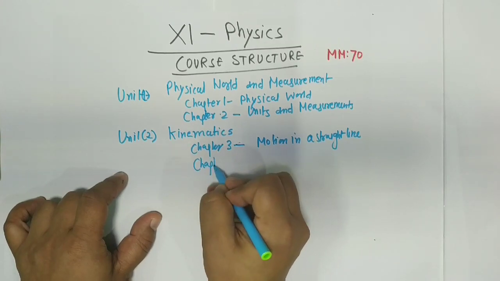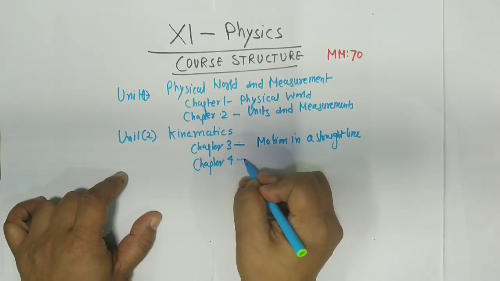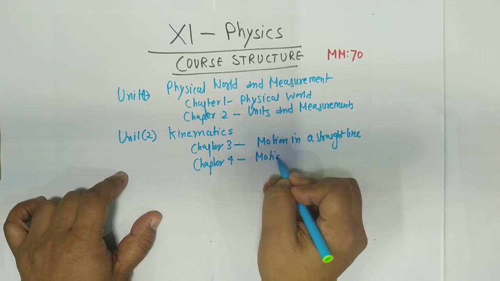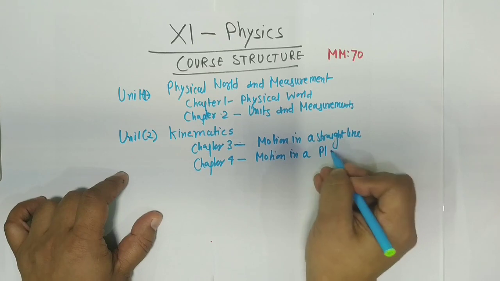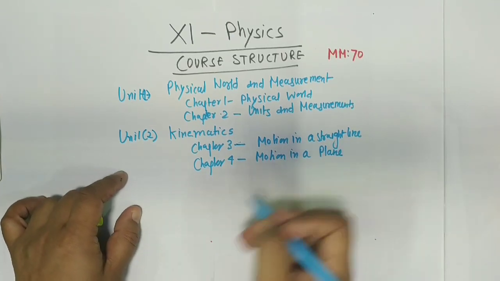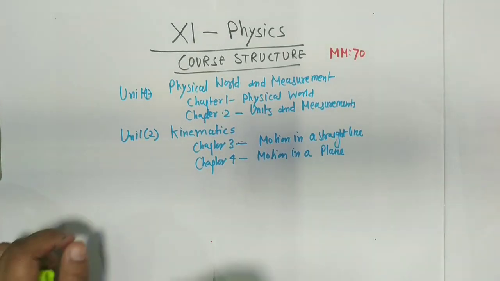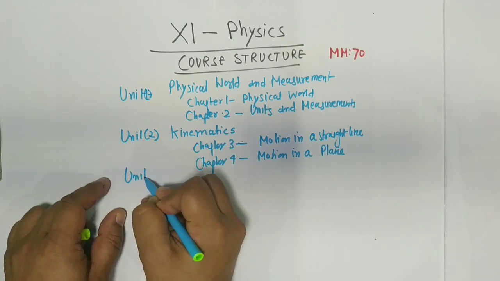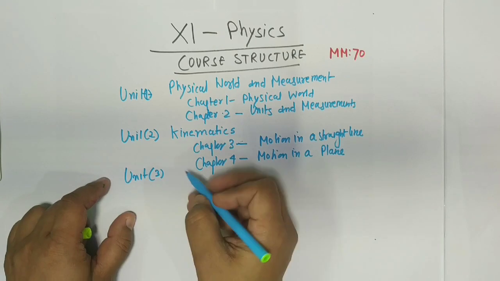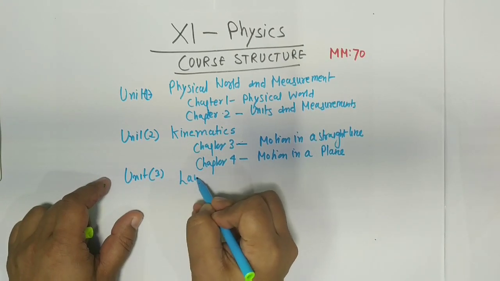And then chapter 4 is motion in a plane. Here we will talk about how vector quantities act and we will also discuss projectiles.